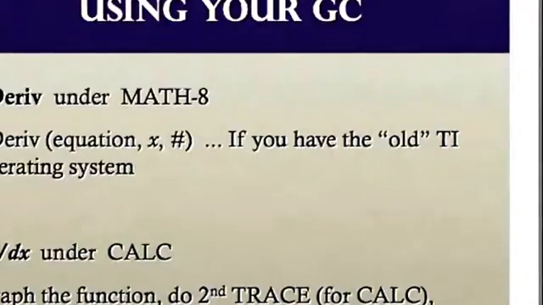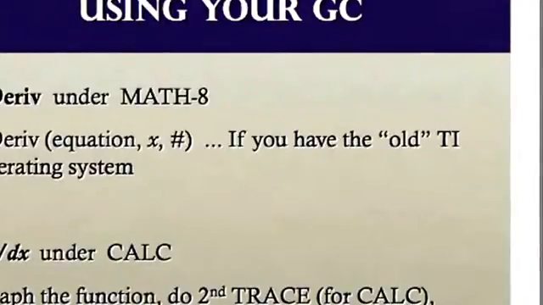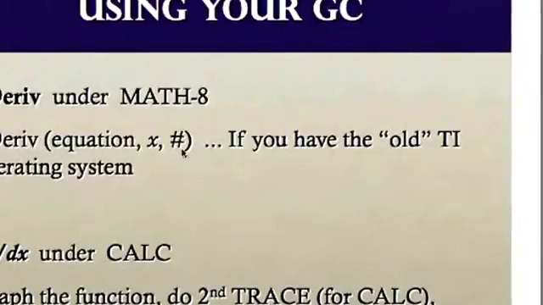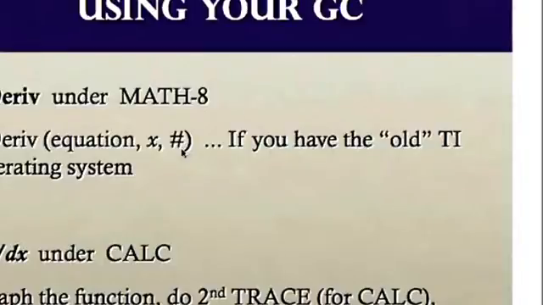Again, you can either type in the actual equation, or if you have it under y1 or any other y equals, you can bring that up. And then it's comma, x, comma, and the x number at which you want to find the numerical derivative. Then simply hit enter. Again, that would be for the older operating system. So hopefully this was a little help to you. Take care.